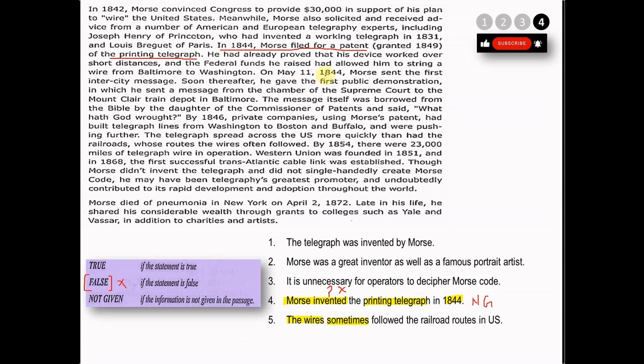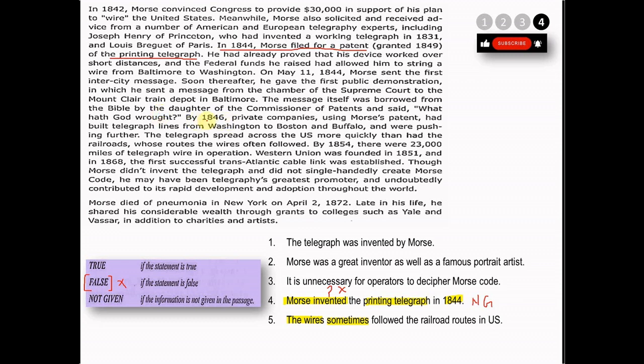On May 11, 1844, Morse sent the first intercity message. Soon thereafter, he gave the first public demonstration in which he sent a message from the chamber of the Supreme Court to the Mount Clair train depot in Baltimore. The message itself was borrowed from the Bible by the daughter of the Commissioner of Patents and said, "What hath God wrought?"